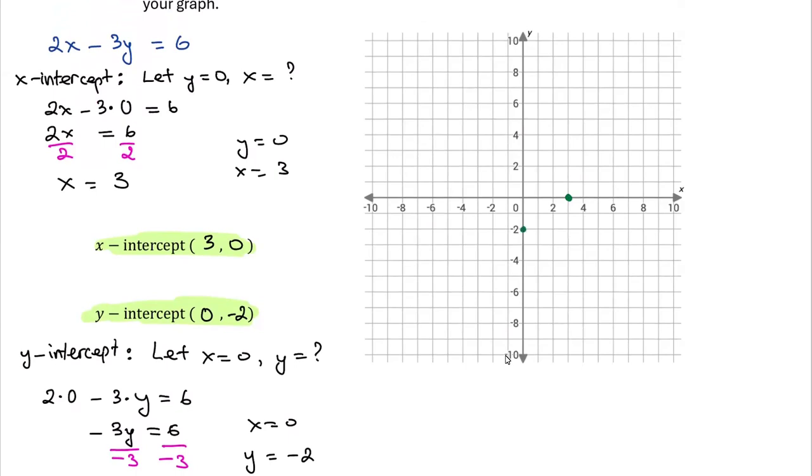So we are going to connect them. Let me extend my line. All right. So that is the line 2x minus 3y equals 6.